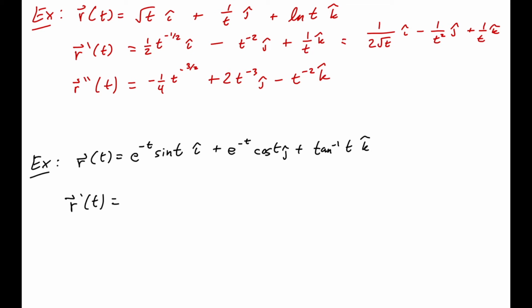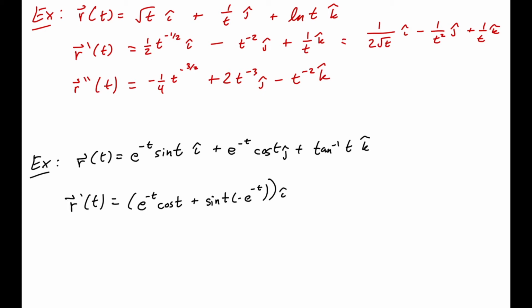Okay, this black example at the bottom, we're dealing with the product rule. So if you just did this whole thing and you didn't use the product rule, you messed up. We're going to need lots of parentheses here. First, times the derivative of sine is cosine, plus the second, sine t, times the derivative of the first, in the i.